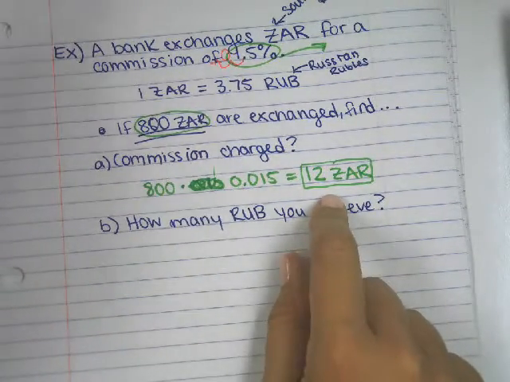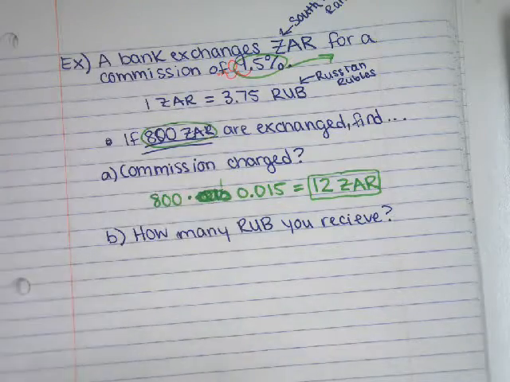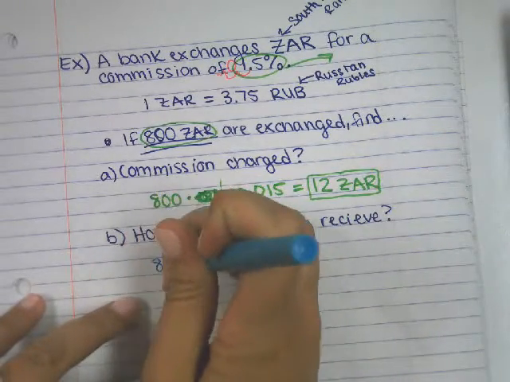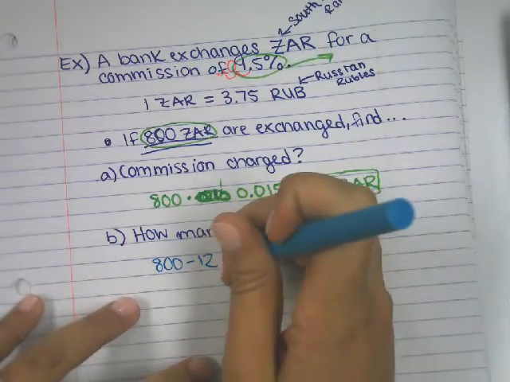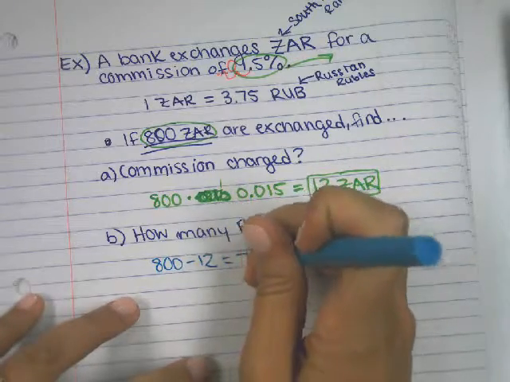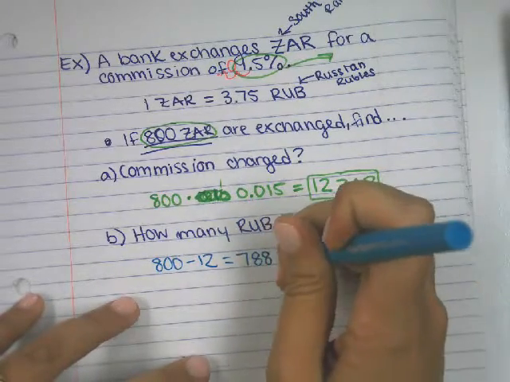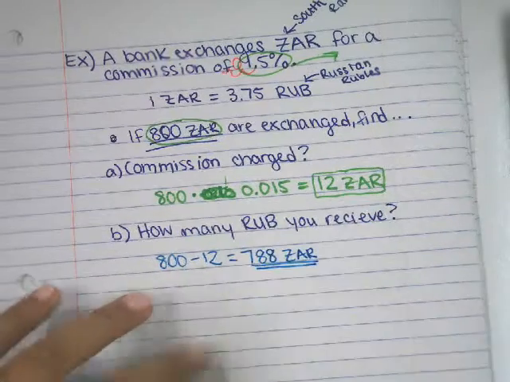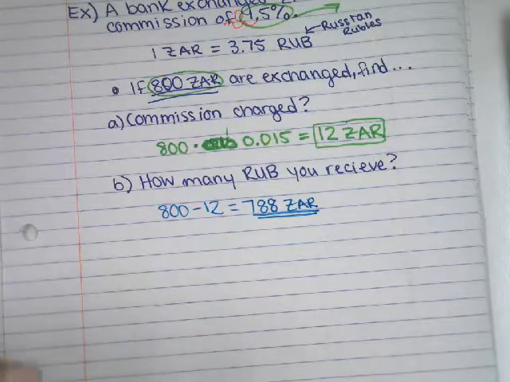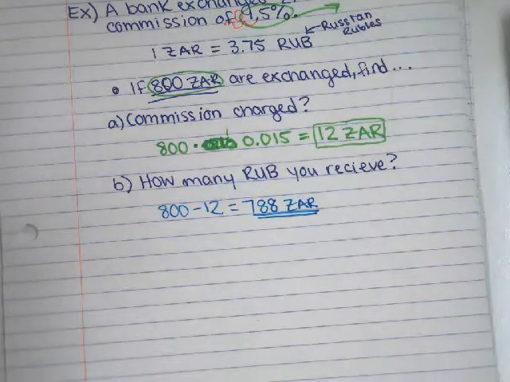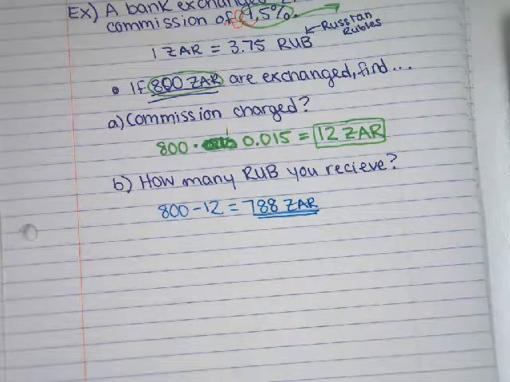So we ask the question, how many ZAR are they actually exchanging? Well, we had 800 and they take 12. We are actually exchanging 788 ZAR. Because we don't get all of it. They took some from us because they're providing us with a service.